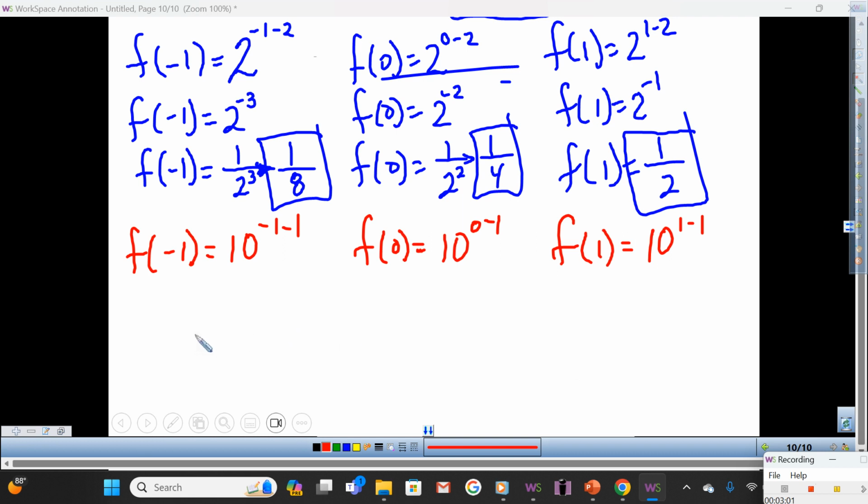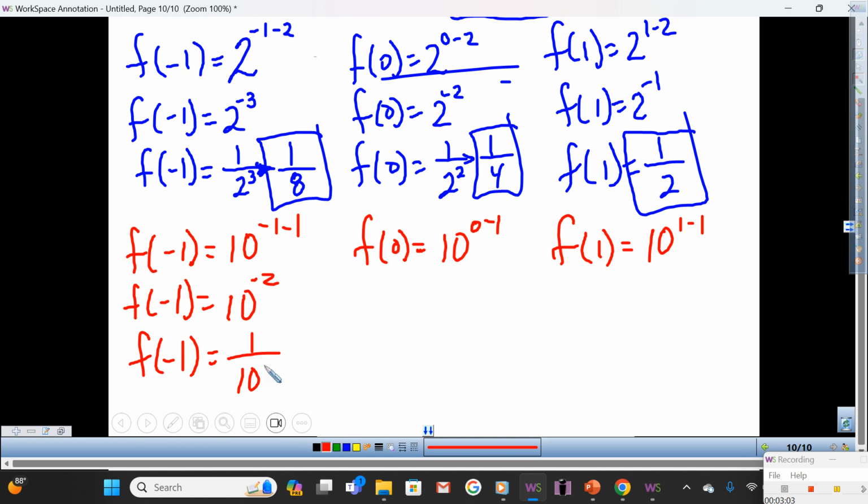Walk us through writing. f of -1, what do I write? 10 to the -2, which is f of -1 equals 1 over 10 to the 2nd, which becomes 1 over 100. That is correct. Hands, have you got that?